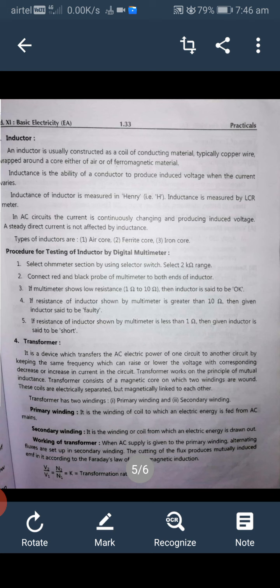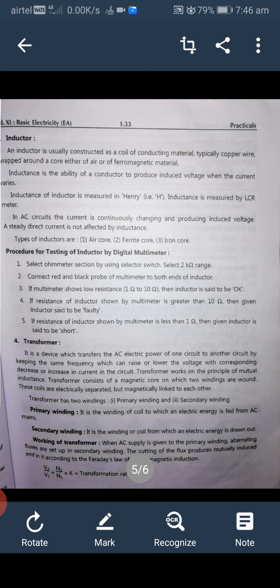Inductance is the ability of the conductor to produce induced voltage when the current varies. Inductance of an inductor is measured in Henry, H. Inductance is measured by an LCR meter. L means inductance, C means capacitance, R means resistor.